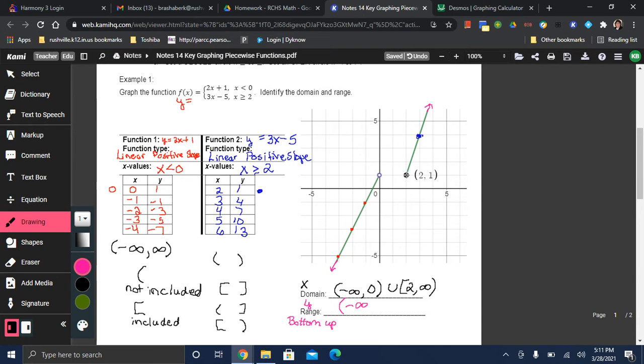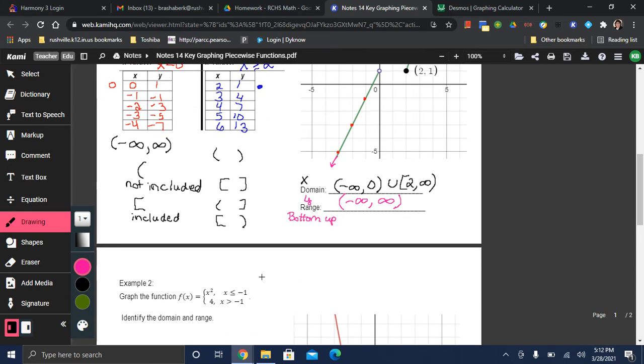And then it includes the 1 and goes on forever up. So this graph has a range that goes on forever from the bottom and goes on forever from the top. And there's no gap in between. Now, there's a gap for the x's, and that's what we've shown here. But as far as the y values go, once this one stops, this one takes over without a gap. So your range would be from negative infinity to positive infinity using the parentheses.